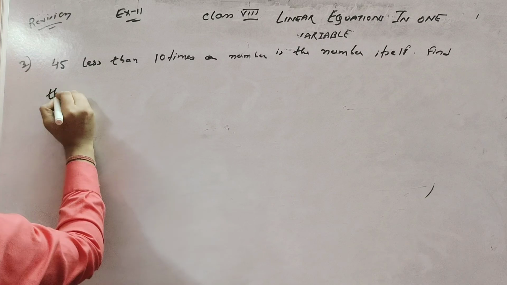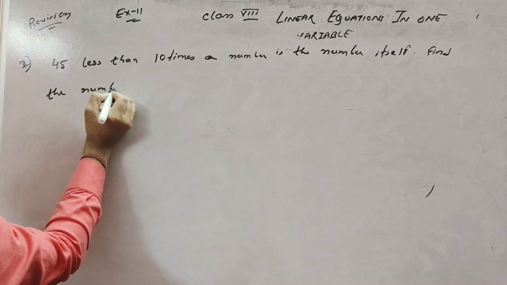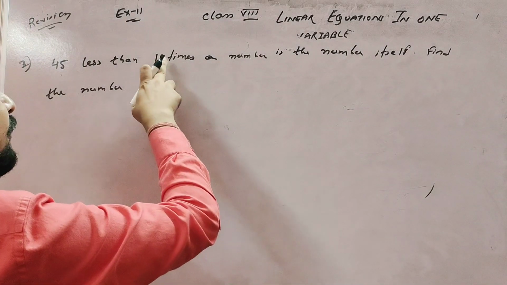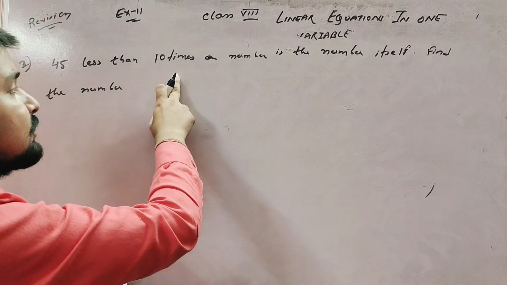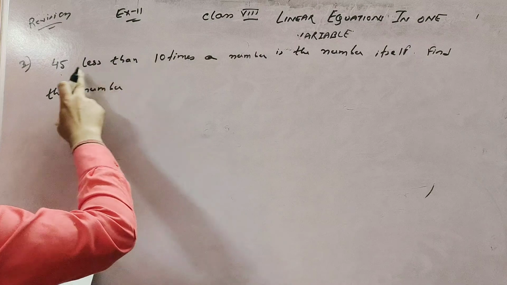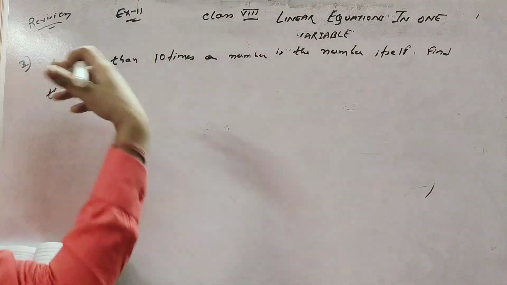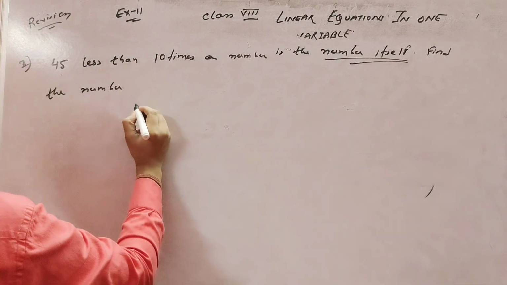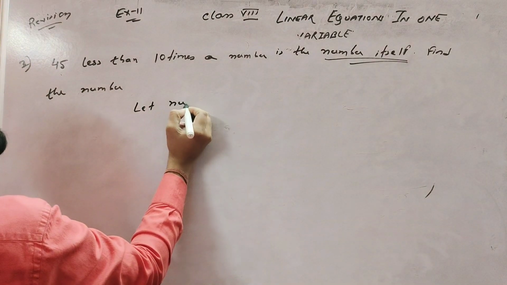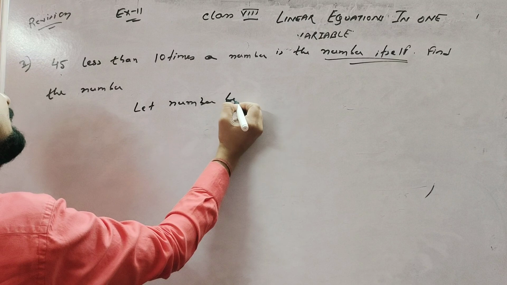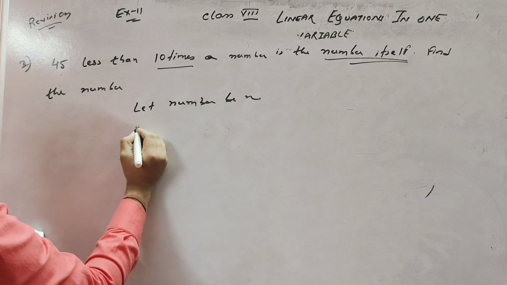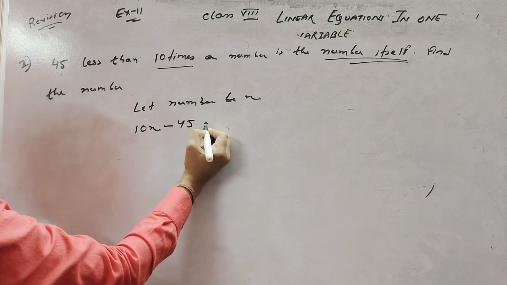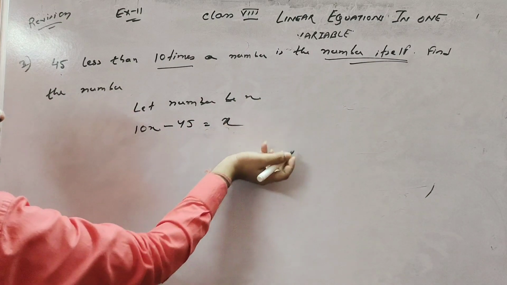Suppose the number be x. When you multiply by 10 and subtract 45, it again comes to the same number itself. So let the number be x, 10 times, that is 10x, 45 less than, subtract 45, the number comes again itself, x.